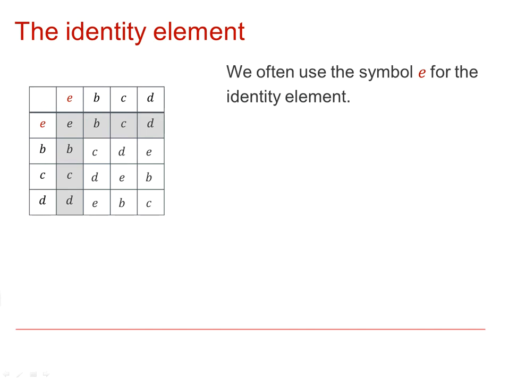So you can see in this table here that E is not making any change to any of the elements E, B, C or D. In other words, we have that E combined with an element, let's call it A for example, will be equal to A combined with E, which is equal to A. So that's our general statement, where in this particular case our element A is one of the set.